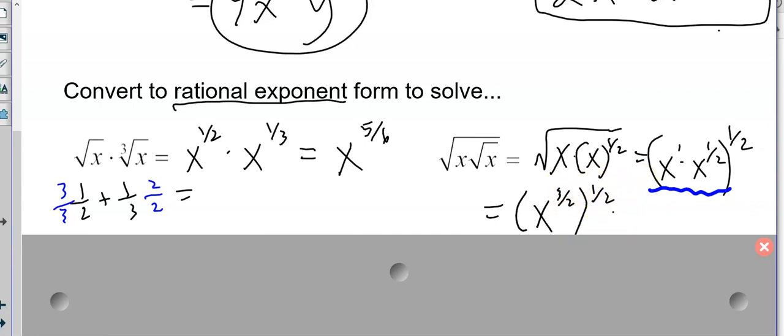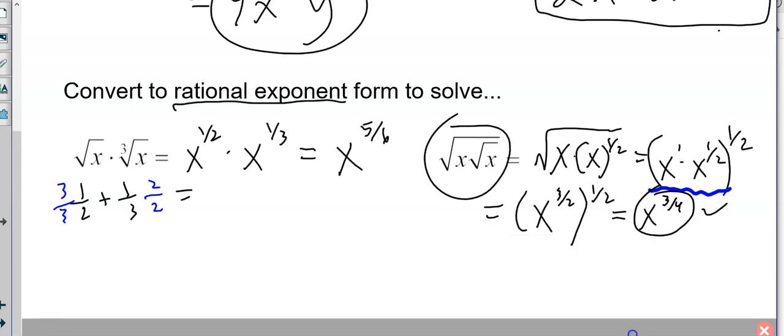Power to a power you multiply, so this would be equal to x to the 3/4 power. Wow, so we simplified it. That is equal to x to the 3/4 power, which is kind of neat, actually. Pretty tough little problem. Okay, that's your extra lesson for this P.4.